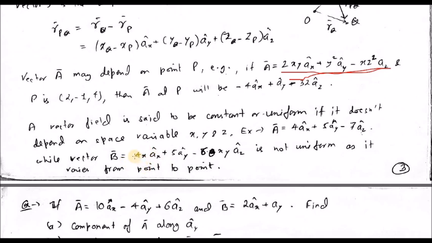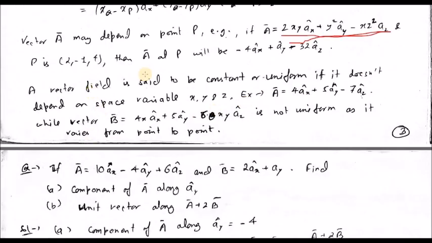At some point it is some value, at other point it is some other value. See here, at point P vector A is this, but if I change any of the coordinates, suppose I make it 0, then the value of vector A will change. So this is not a uniform field.